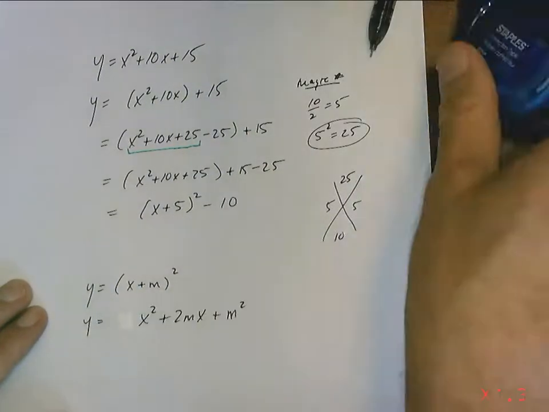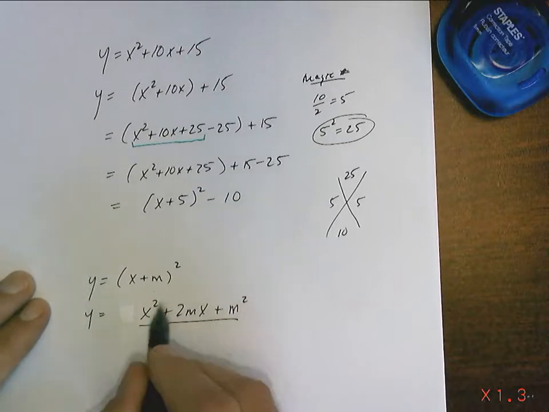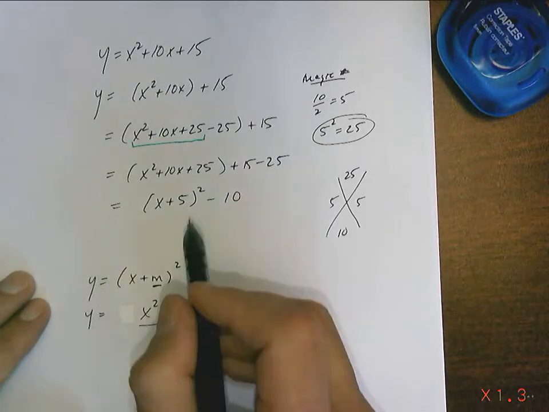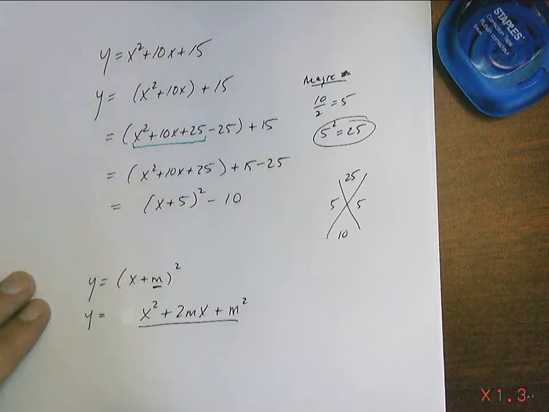If you know what the magic number is here, if you've got it out in this form, this is also the magic number. So I don't need to factor this. I know that it's just going to be x plus the magic number squared. All right, we'll stop there and do another example.